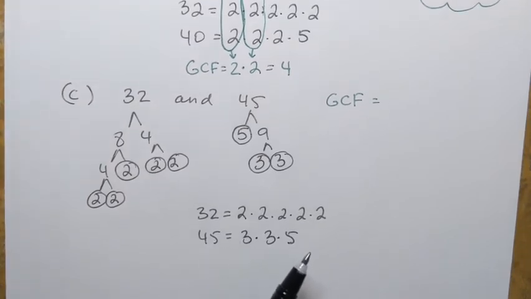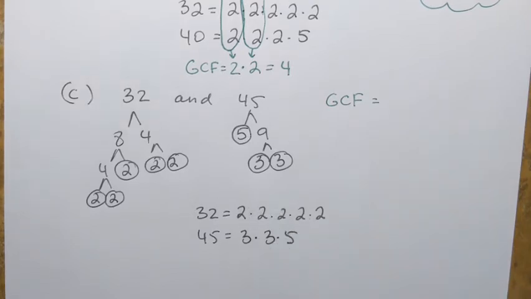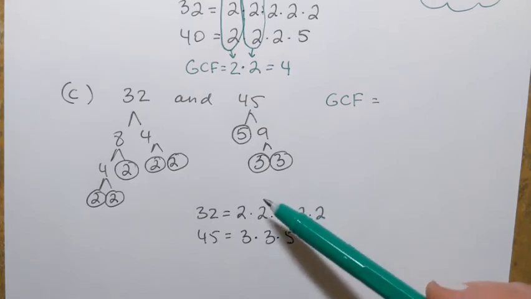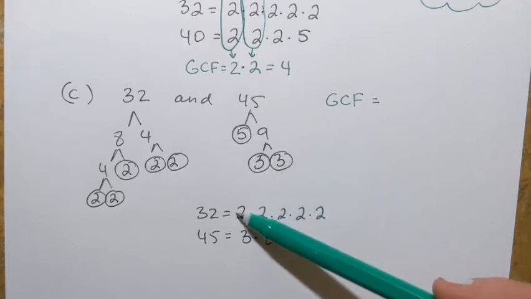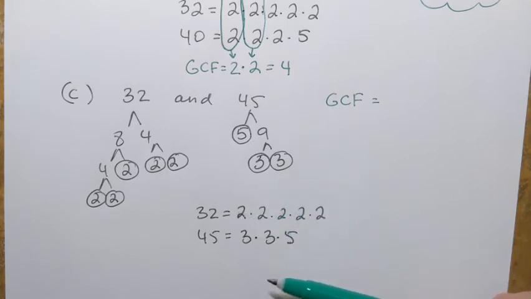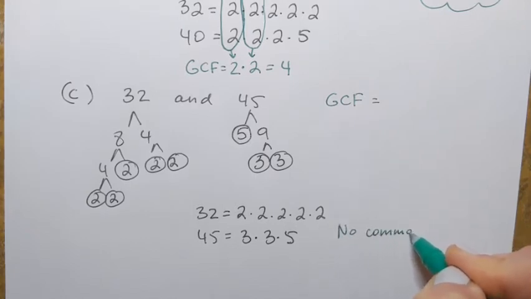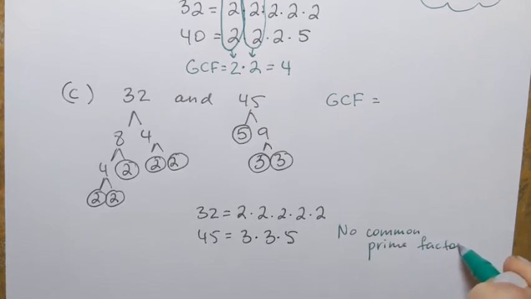And in order for me to find the GCF, I'll need to search for common prime factors, pairs of the same numbers, right? So can I find any? Looks like I can't. I have only 2's in 32, but there's not a single 2 in 45, right? So I cannot find anything that they have in common. So no common prime factors.